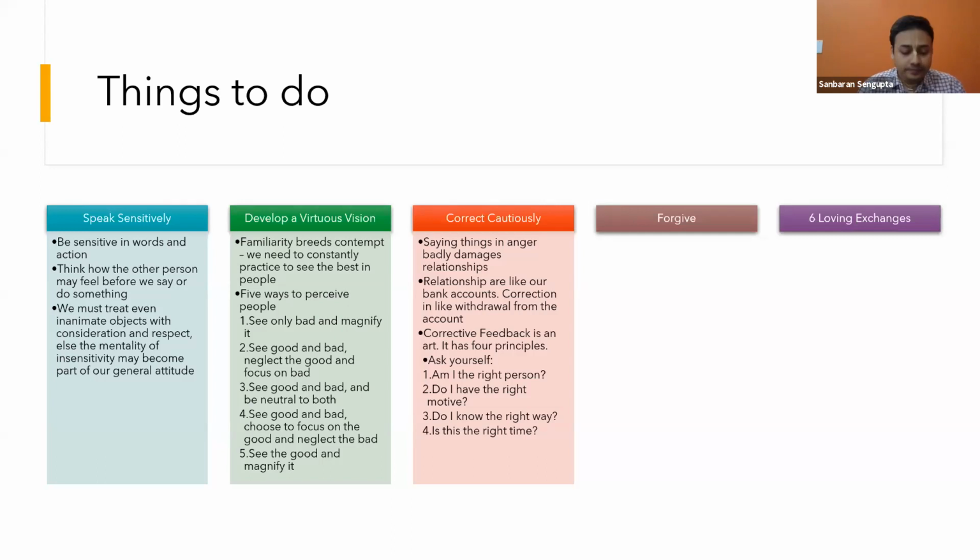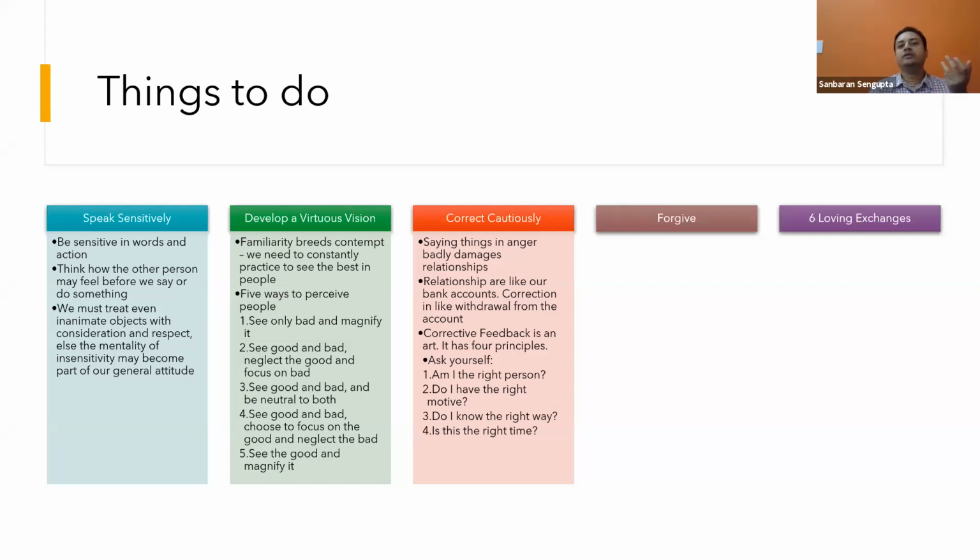But my dear friends, if you want to have a successful relationship, be very cautious when you are correcting. First and foremost thing, nobody in this world loves correction. No matter how good that person may be, nobody loves to be criticized or corrected. It is human nature.